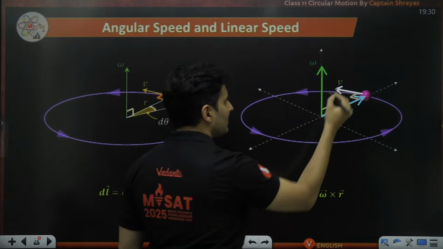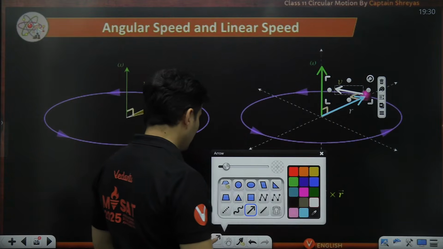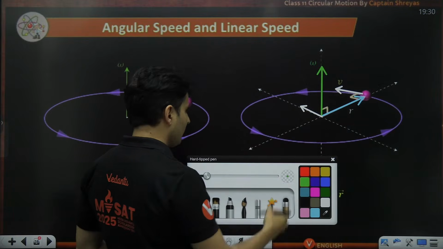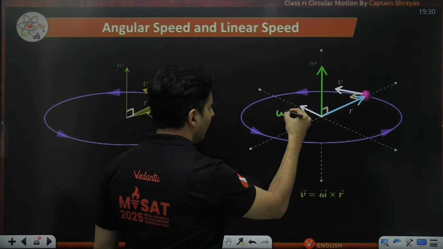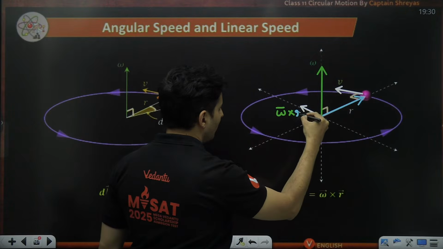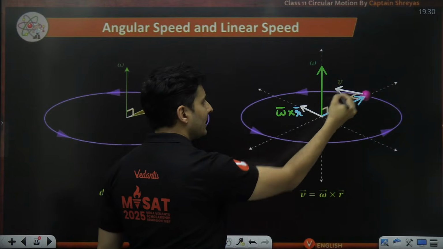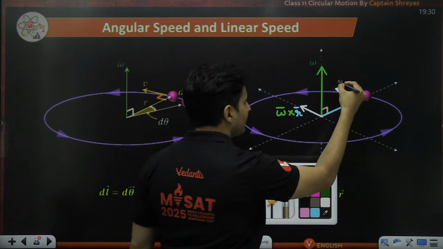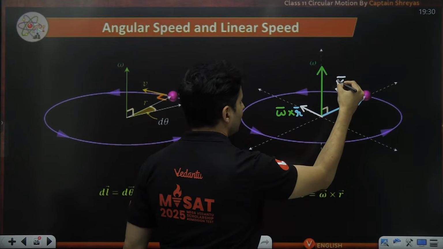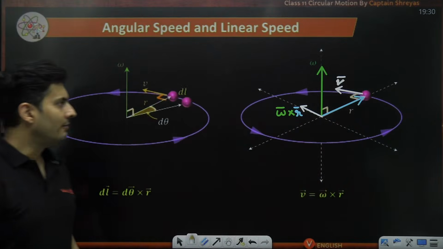So this is the direction of my velocity as well. Omega cross r vector is in this direction, which is the same as the direction of your velocity.